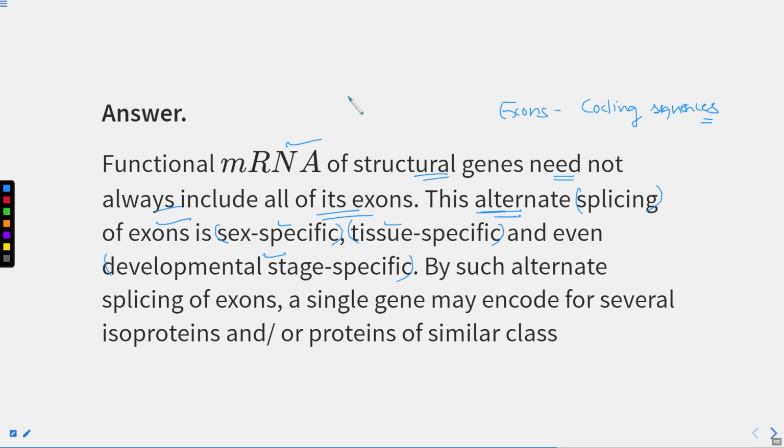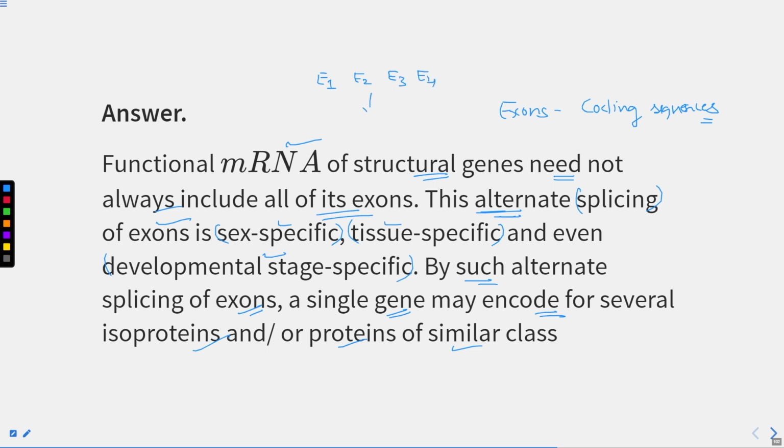Initially if there are 5 exons, due to splicing, 1 exon is removed, only 3 are left. Now by such alternate splicing of exons, a single gene may encode for several isoproteins or proteins of a similar class. So if exon 1 is present, then exon 2, exon 3, exon 4 are present.